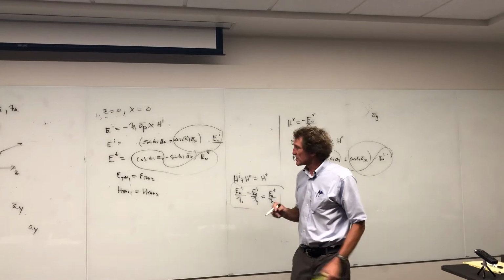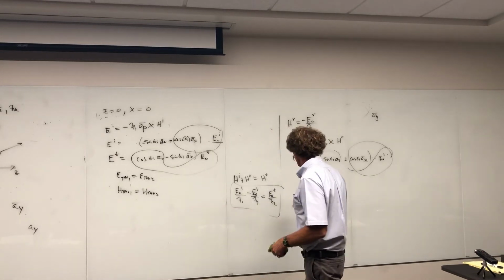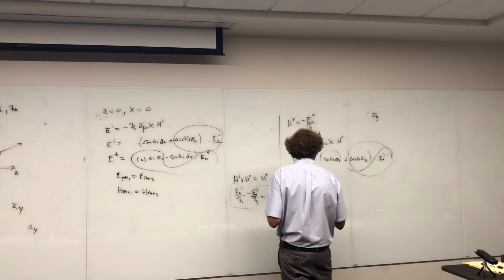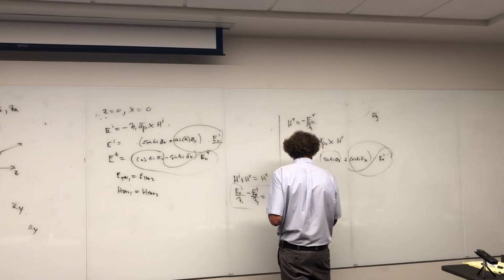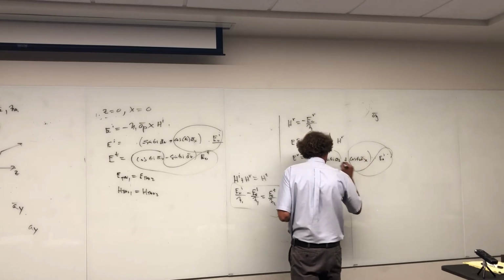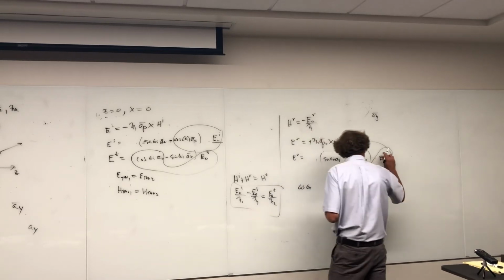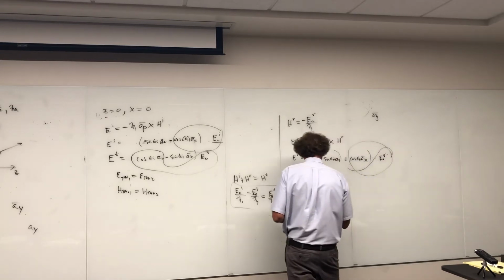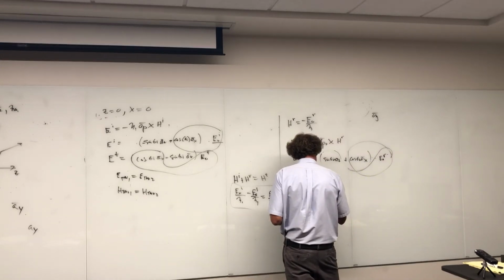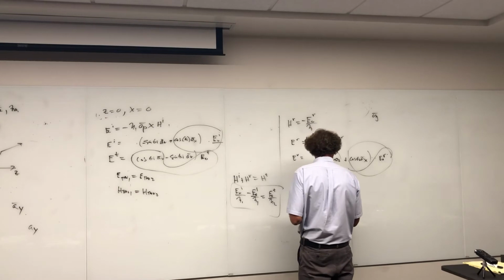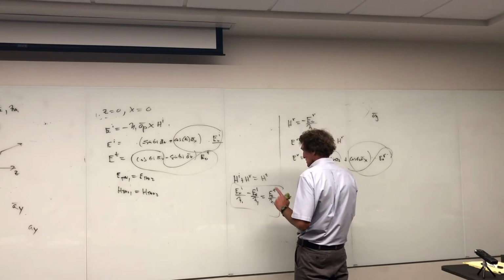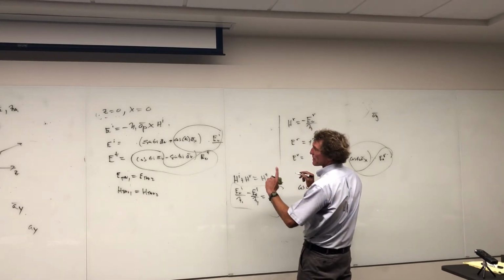Now, we could go ahead and add them up and we can say that finally what you're going to get is cosine theta reflected times E naught reflected, plus, where's the incident?